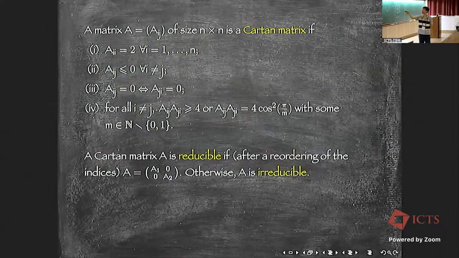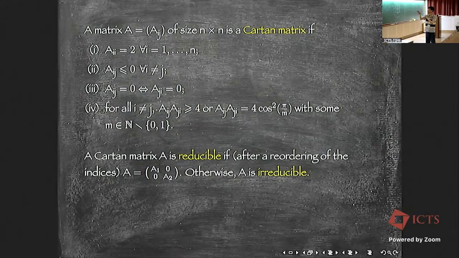All the diagonal entries are 2, and the off-diagonal entries are less than or equal to 0. Then, for example, if a_ij is equal to 0, then a_ji is equal to 0. And then a_ij a_ji is bigger than or equal to 4, or 4 cos² of π over m. So exactly the conditions for this Coxeter group, Coxeter polytope, okay?